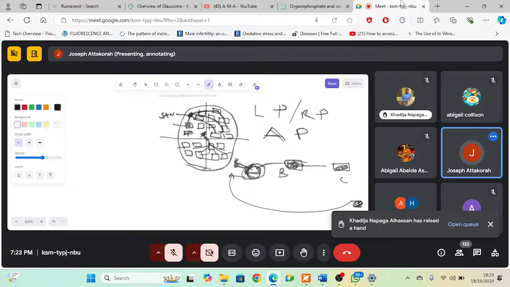So this would ensure unidirectional flow of electrical impulses. If A is able to take back the impulses, then there won't be any unidirectional flow, and this will cause irregularities in terms of electrical transmission.